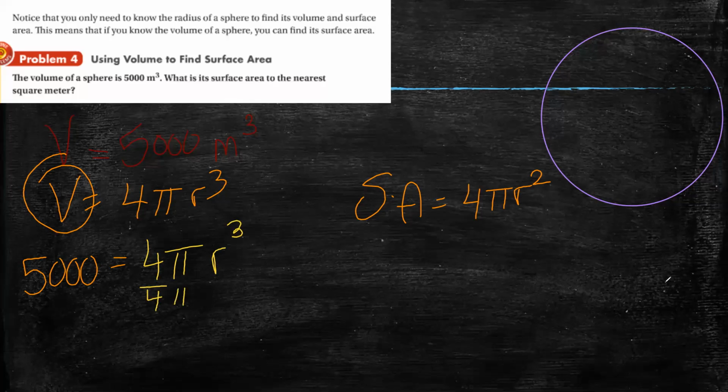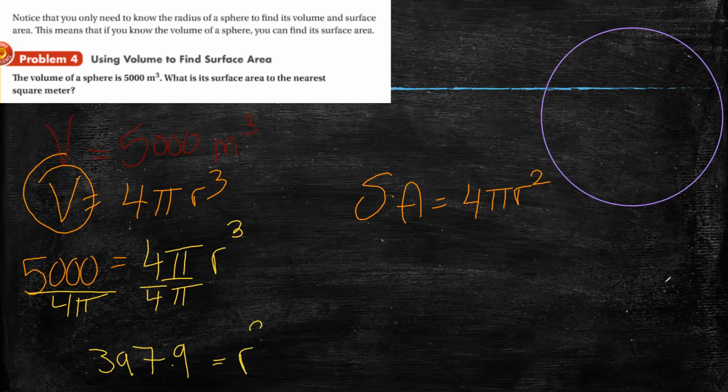So let's divide 5,000 over 4/3 pi, which is 397.9, equal to r cubed. Then this is approximately 400, the r cubed.